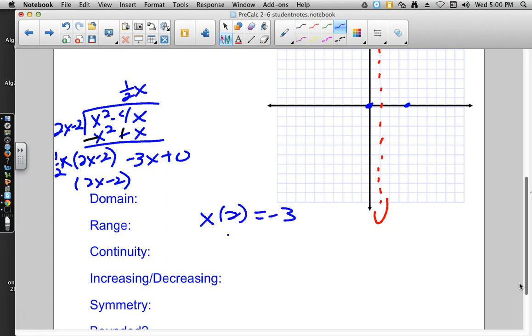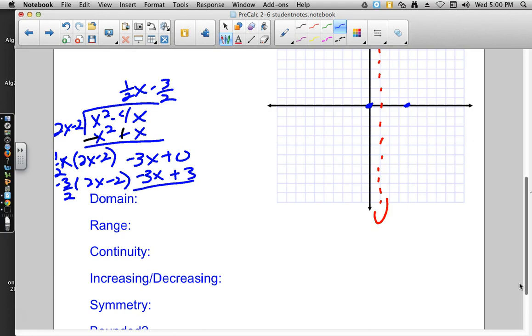Well, that's going to give you negative 3/2. We're going to need to multiply this by negative 3/2. So that'll go up here, and negative 3/2 times 2x will give us our negative 3x. And then negative 3/2 times negative 2 is a positive 3, so plus 3.